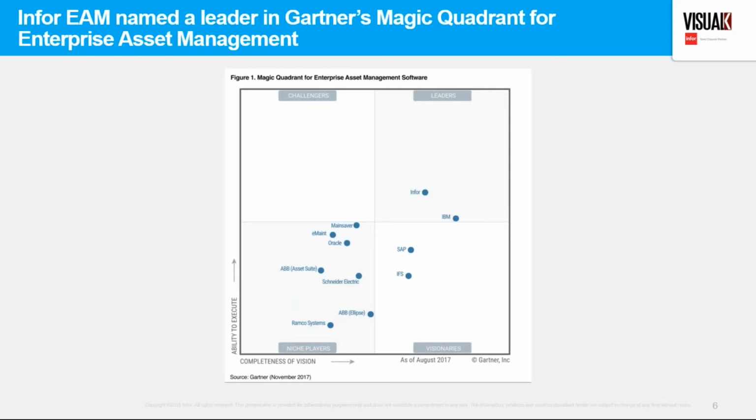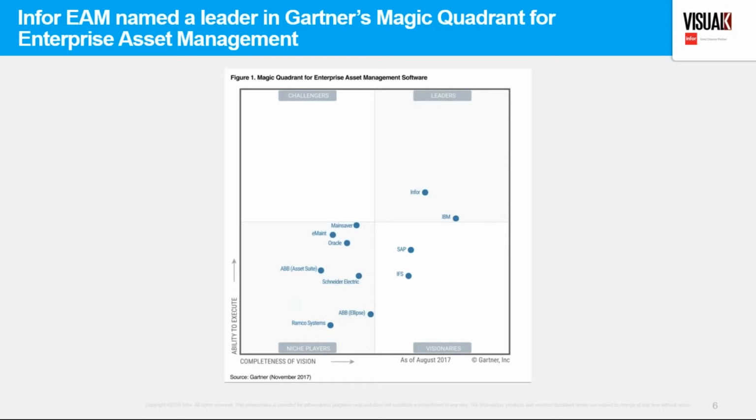We're looking at the ability to execute, which in Gartner's terms means how happy customers are and how successful the implementation is. In our specific case, Visual K being a channel partner, we have a lot of success when it comes to implementing EAM. We've been doing so for the last 10 years.